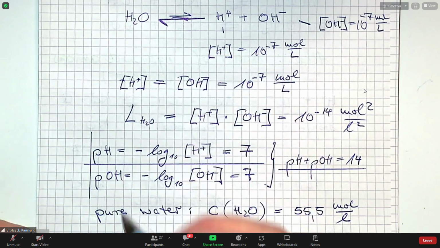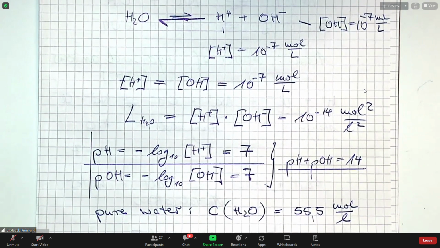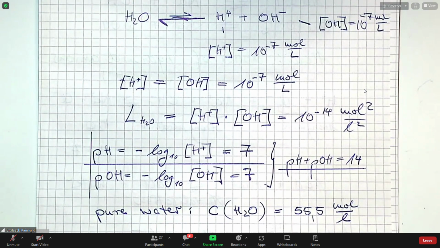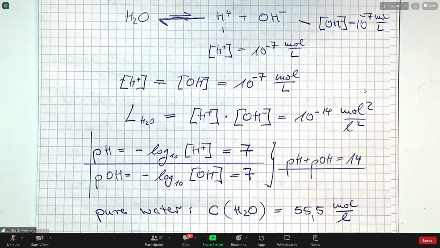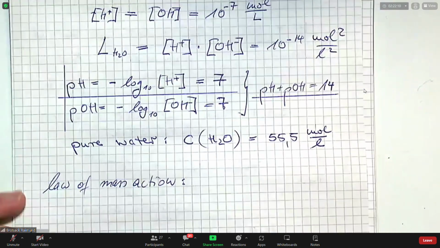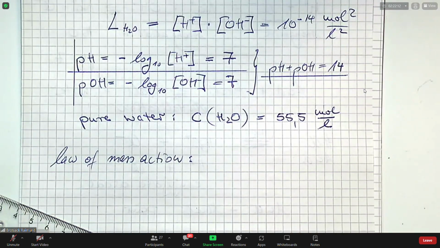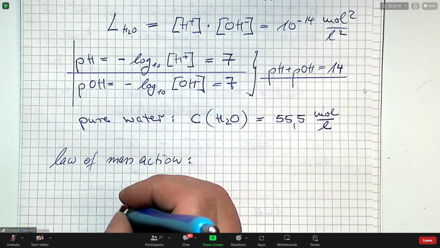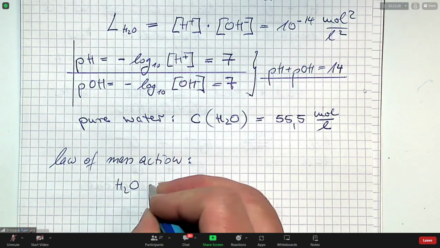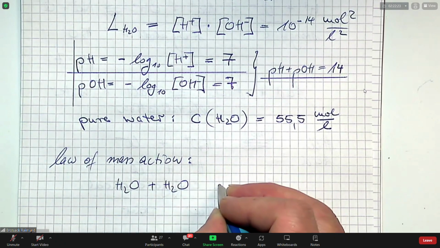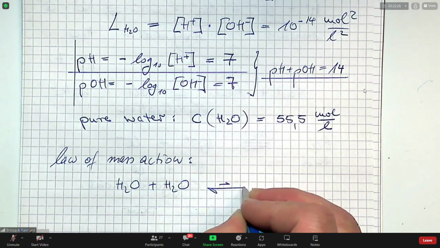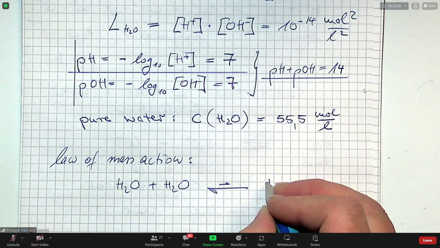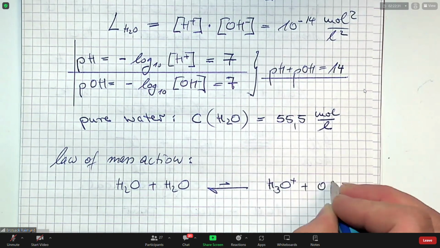And when we now use the law of mass action for the water, we have here H2O plus H2O, mostly on the left side, H3O plus plus OH minus.